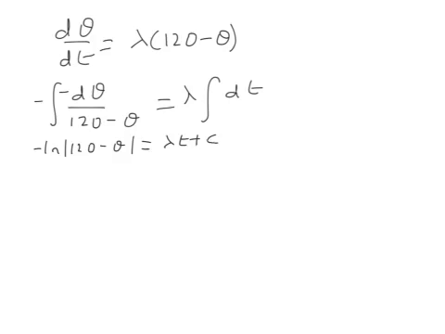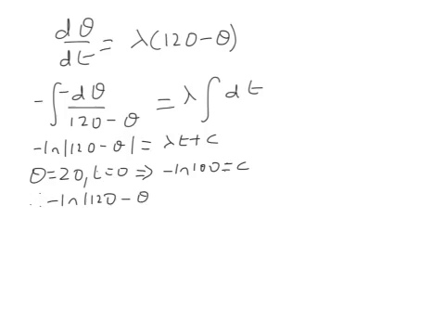You know that theta is 20 when t equals 0. So that means minus ln 100 equals c. So we get minus ln 120 minus theta equals lambda t minus ln 100.